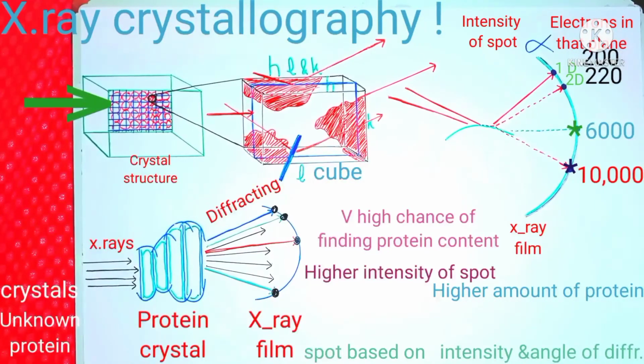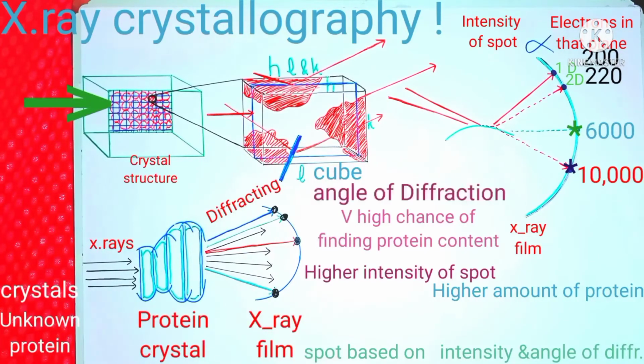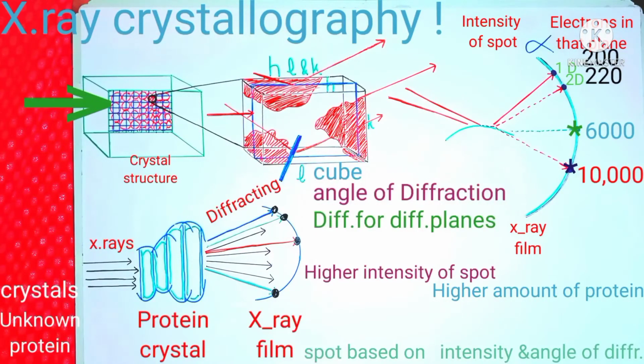We have not talked about the angle yet, but based on the intensity we can identify which part of the unit cell contains more electron density and which part contains less. And this angle of diffraction is also very important because it is different for different planes.